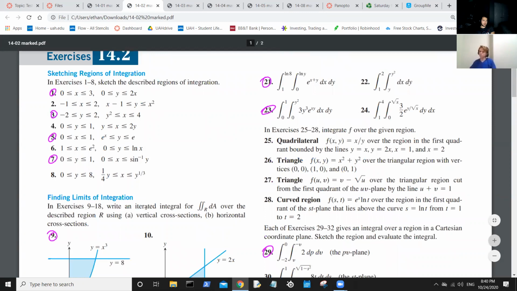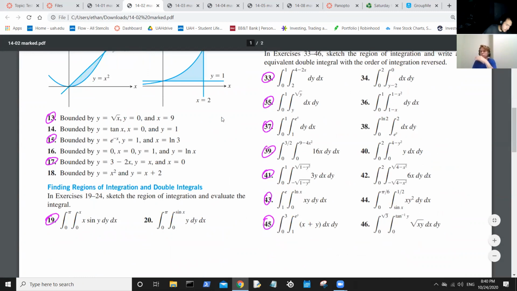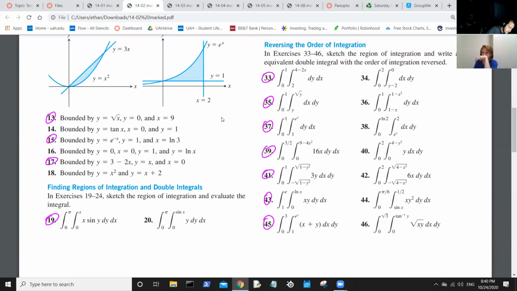So what is it asking? It starts up here: write an iterated integral over the area of the described region using vertical and horizontal cross sections. Okay, 13 is bounded by y equals root x, y equals 0, and x equals 9.